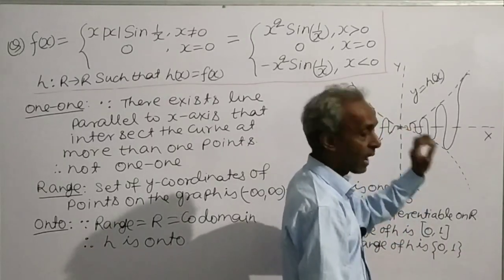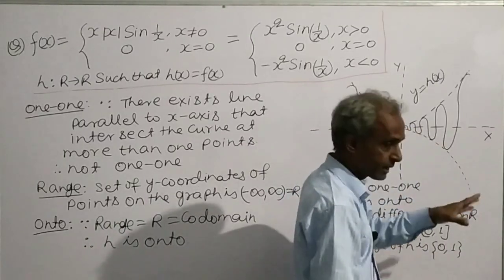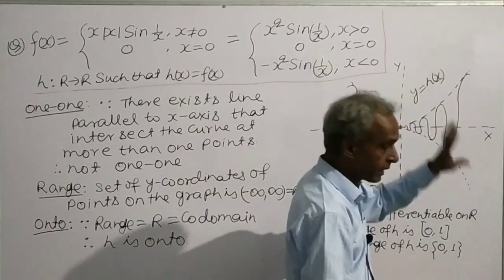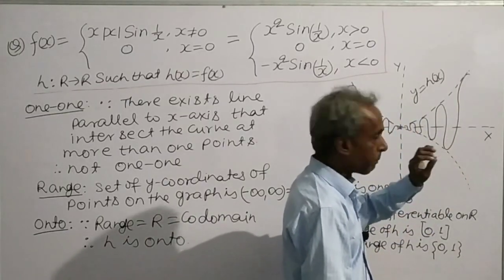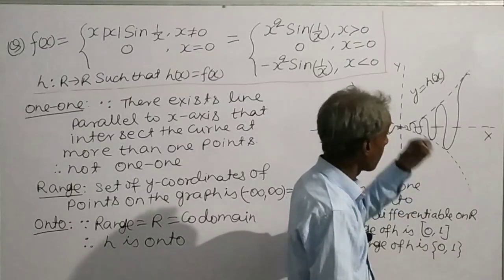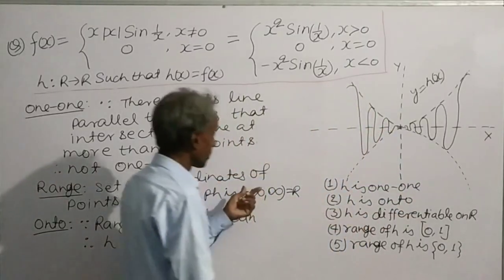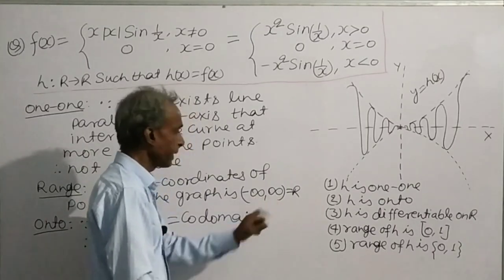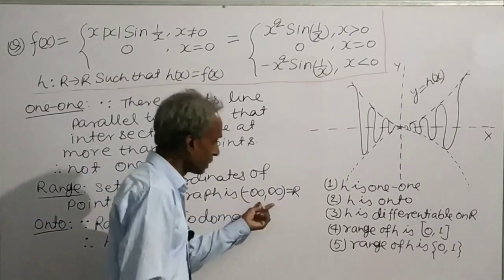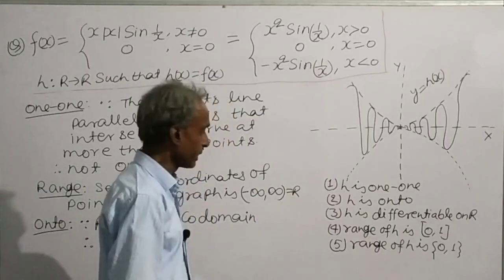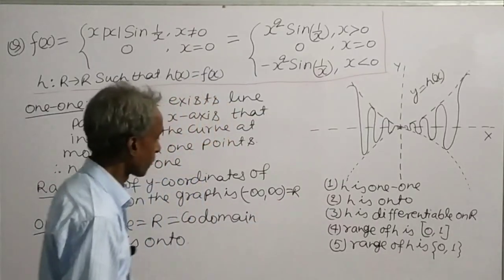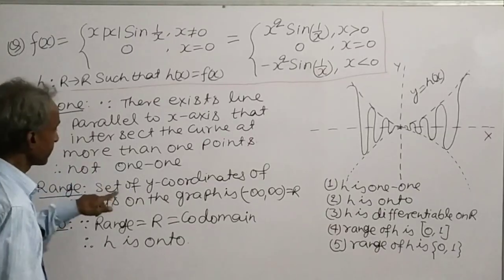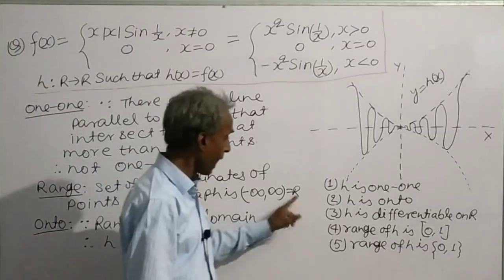Therefore, the set of y coordinates of each point on the graph will be all real numbers present in the set of real numbers, that means all real numbers from minus infinity to infinity, which is denoted by R. Therefore, range of h is R.